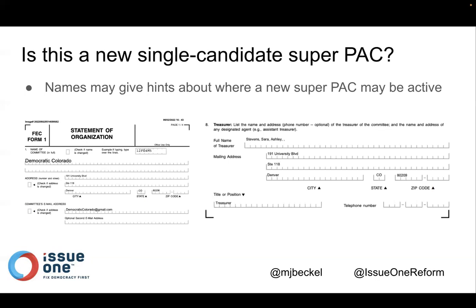So people only saw Democratic Colorado on the names of the ads and that kind of thing. But again, this is sort of a key when you look at these new statements of organization, when you see new TV ads or radio ads or hear about new mailers in your community, pay attention to that fine print, see whose name appears on the ads and see what you might be able to find out about them from their statements of organization, if nothing else.